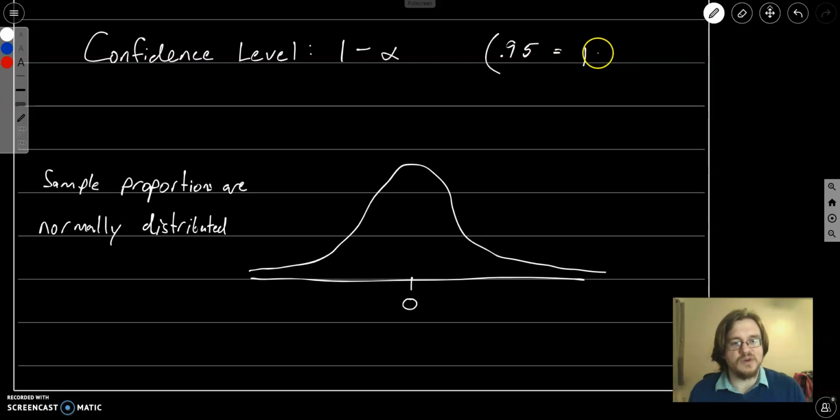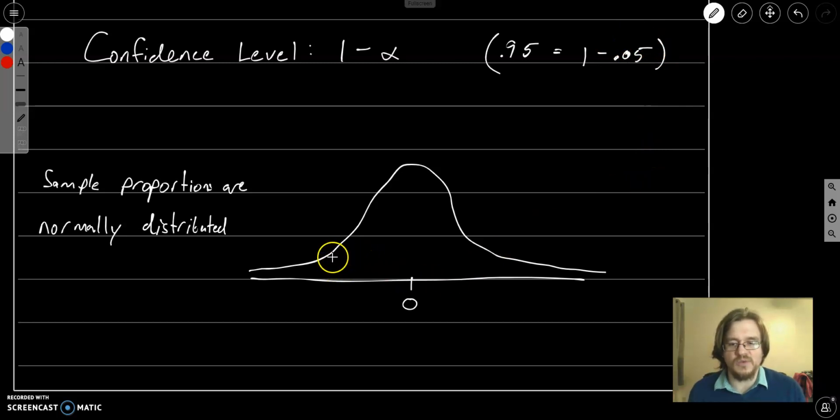We would just write it as 1 minus 0.05 instead. The reason is that if we were to be 100% confident, that would be 1. But it's hard to be 100% confident in anything, especially if we're only looking at samples. So we allow ourselves a little extra wiggle room, which is this 5% here.